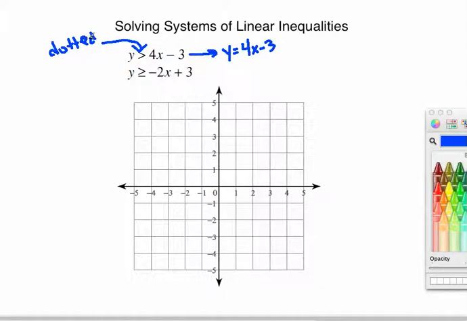That's probably the most common thing to forget, to keep it dotted or keep it solid, depending on the problem. All right, so here we've got a y-intercept of -3. So that's going to go right here. And then our slope is positive 4, so that means we go up 4 over 1. Up 4 over 1. And then because it's not greater than or equal to, it's just greater than, that means we're going to have a dotted line.